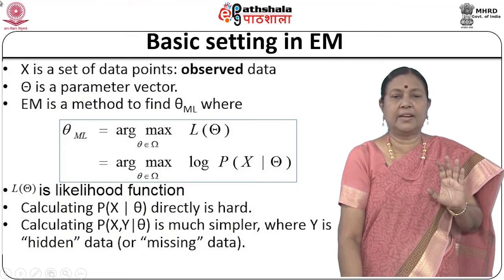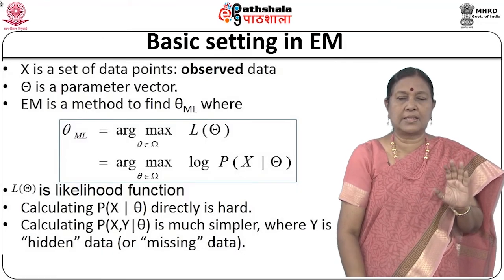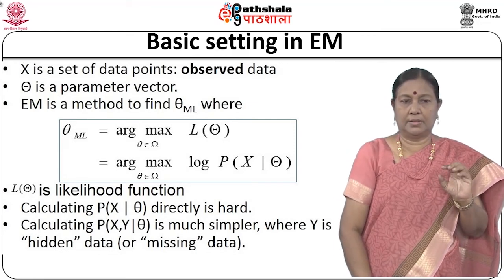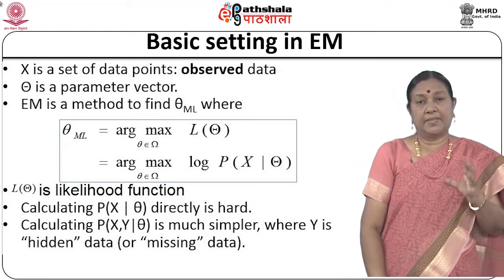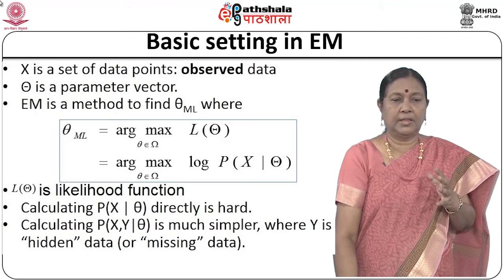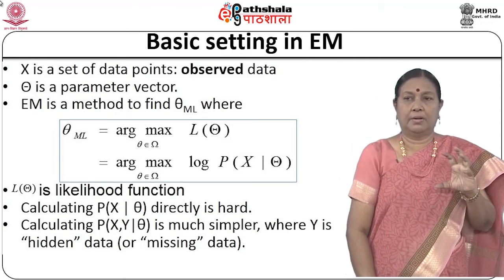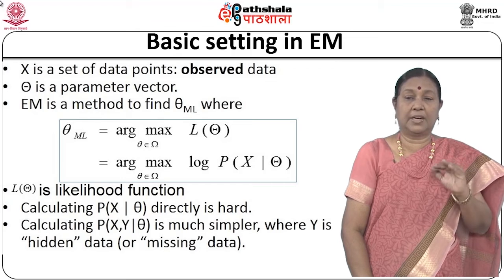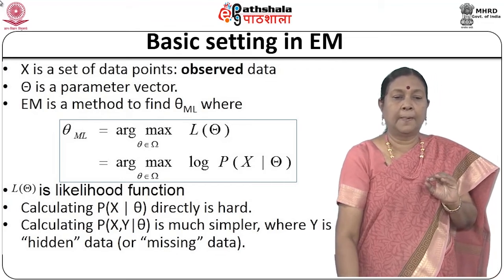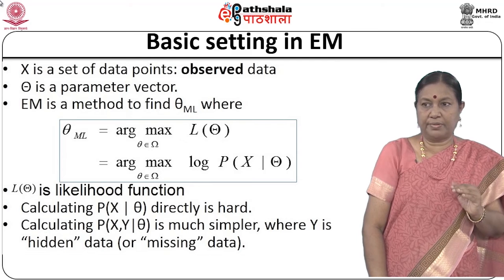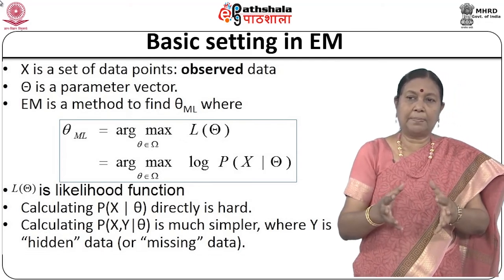So, the basic setting in EM is X, a set of data points or the observed data. Then you have theta, which is a parameter vector for the model. Then EM is a method to find the maximum likelihood of the model parameters, where theta ML is the argmax over theta for that particular model.